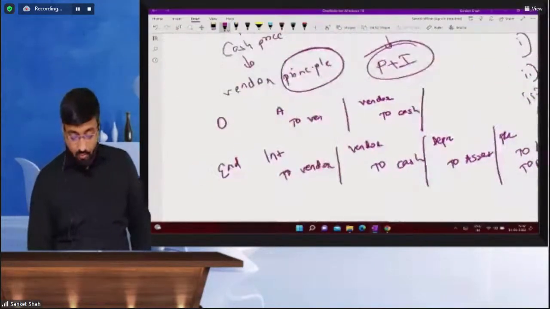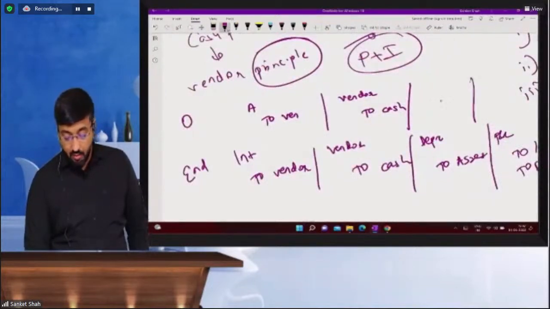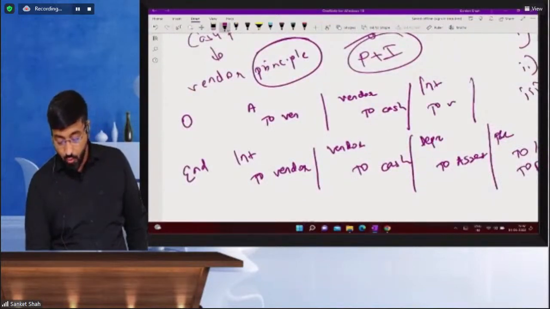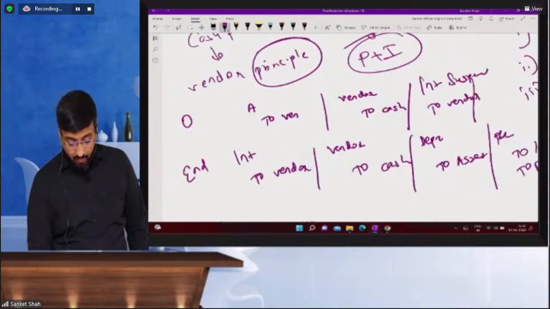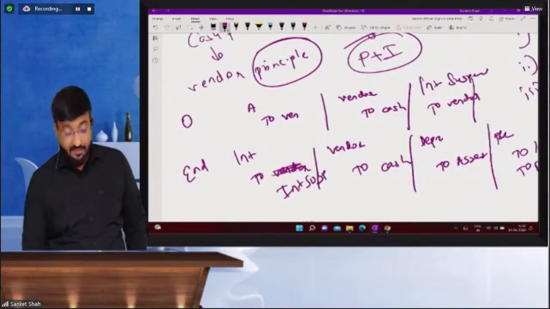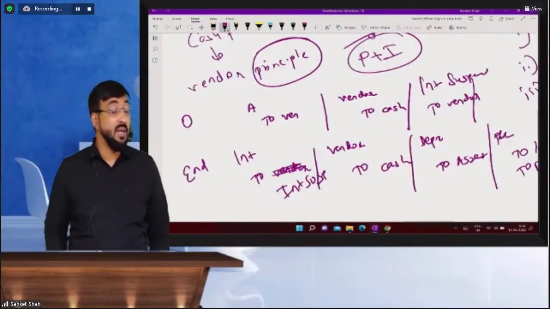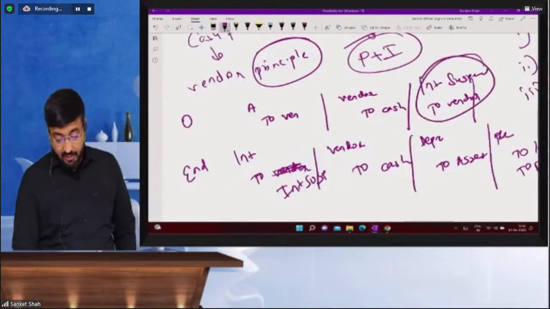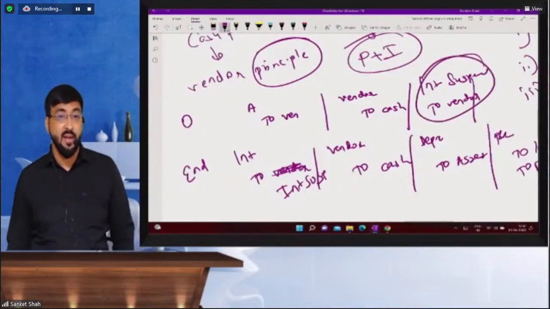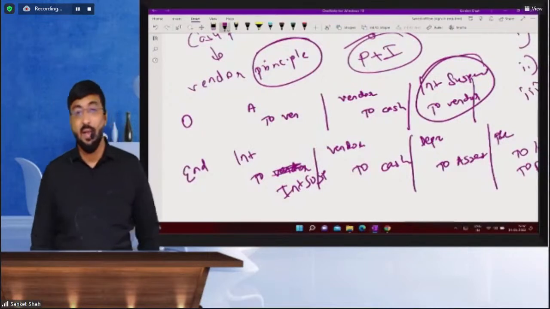Now, in interest suspense method, one more entry, interest suspense to vendor. And here, instead of interest to vendor, entry will be interest to interest suspense. In case of interest suspense method, this additional entry, interest suspense to vendor and interest to interest suspense entry will be there.